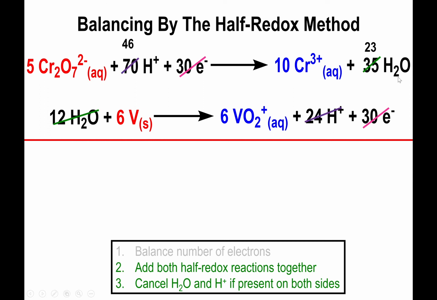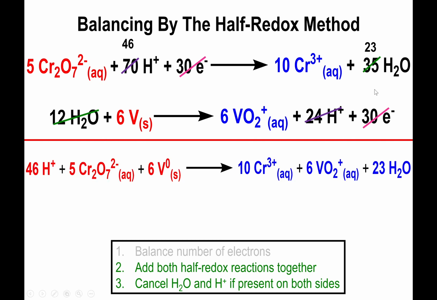The same thing goes for the H pluses. You subtract all 24 H pluses from the product side. You subtract 24 from 70 to get 46. And at this point, you write down everything that you have. And that is 5 dichromates, 46 H pluses, and 6 vanadiums on the left side of the equation. 10 chromium 3 pluses, 6 vanadiols, and 23 waters on the product side of the equation.